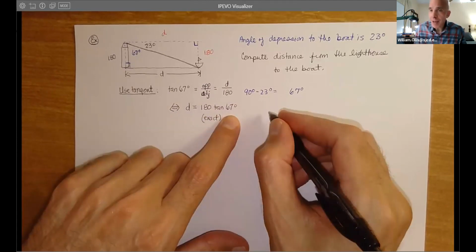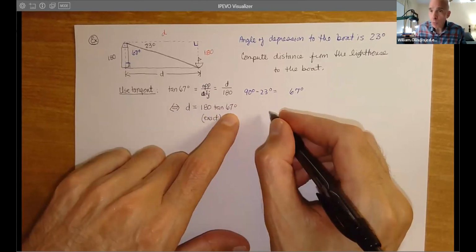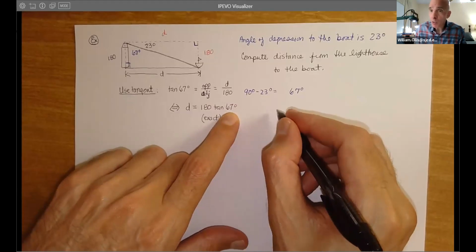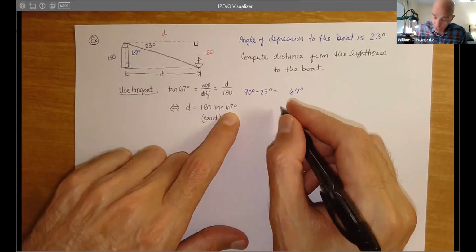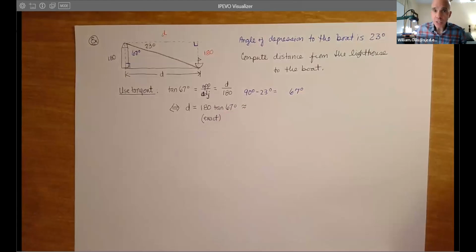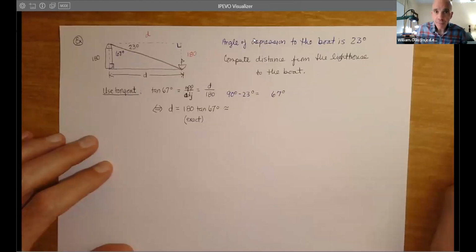Again, the tangent's defined for all real numbers as long as we avoid odd multiples of pi over 2. So now we can say, okay, let's get a Google approximation of this. So let's go to our Google calculator. Let me move this down so you can see it.